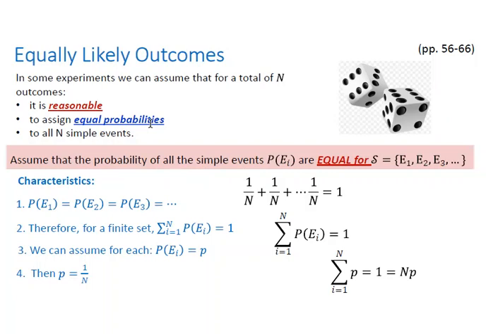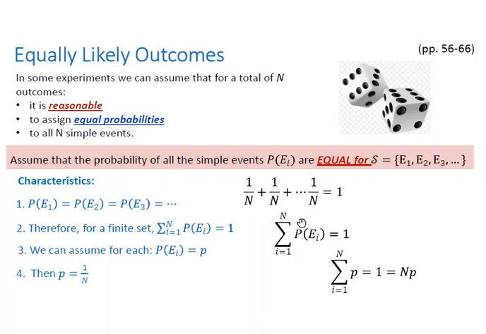We have equally likely outcomes if we assign equal probabilities to all n simple events. Again, assume that the probabilities of all the simple events are equal for S consisting of E1, E2, E3, and so on. So the probability of each of them is 1 over n, and the summation of them is 1.